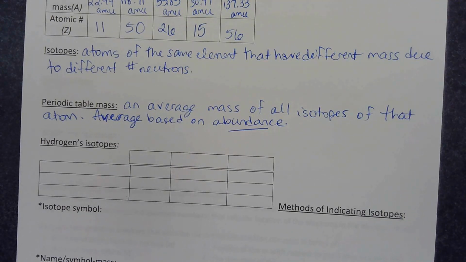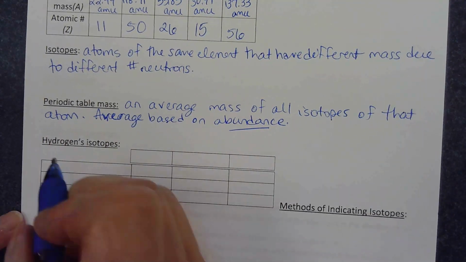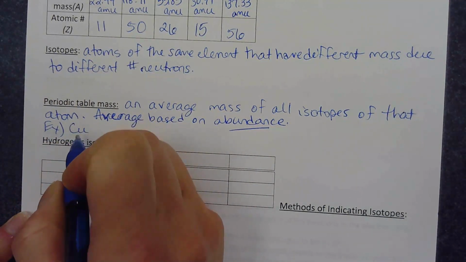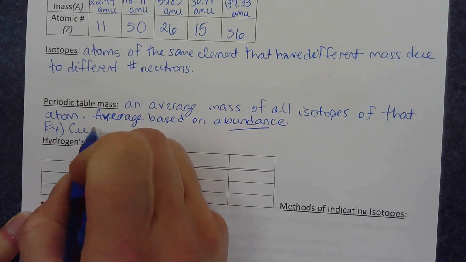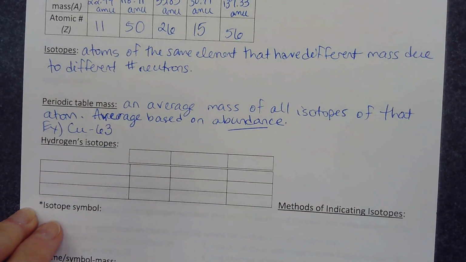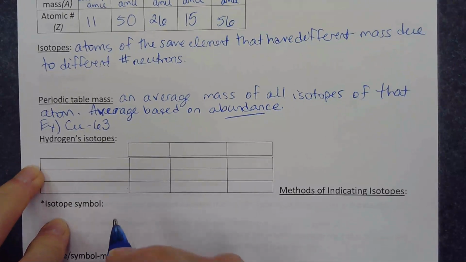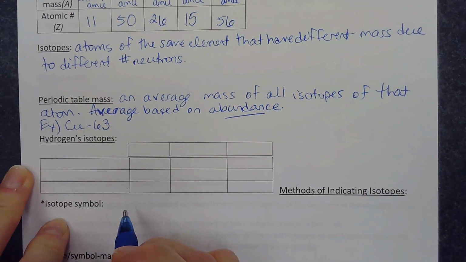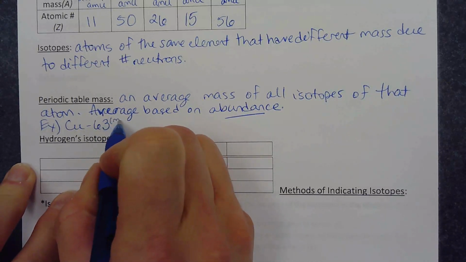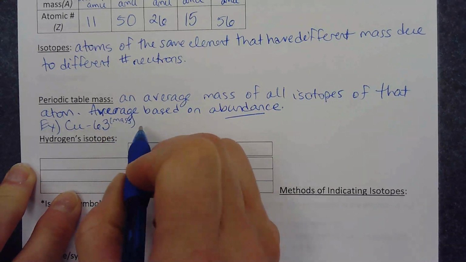We'll give you an example of what I'm talking about here. Copper has an isotope that has a mass of 63. So copper 63 is the name of that isotope. That's its mass.